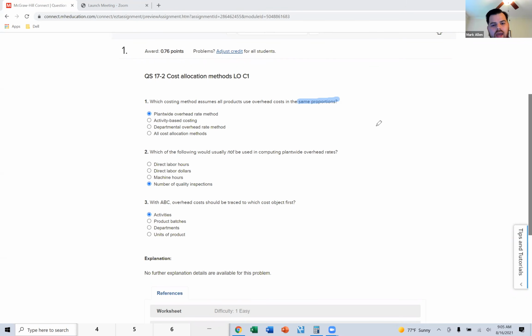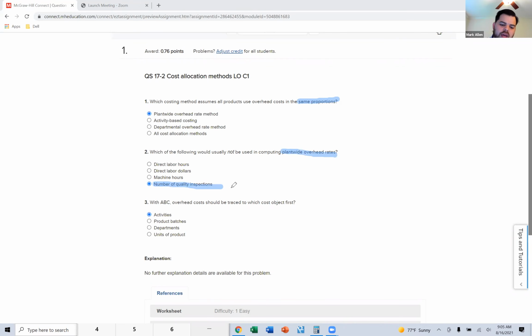We normally see that more in what we're looking at in this chapter, which is activity-based costing. So that's where we tend to see that piece is with the ABC, or with the activity-based costing. So that is why in this case, we're asking which would not be used for a plant-wide overhead rate, while the one that would be used for activity-based is the one that we're looking for here.